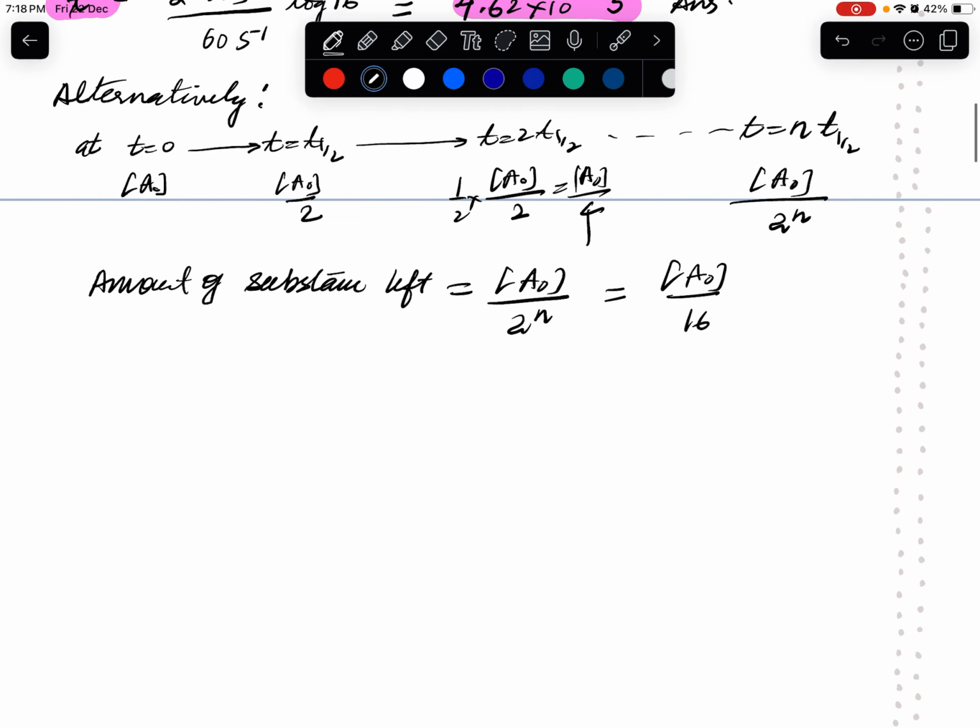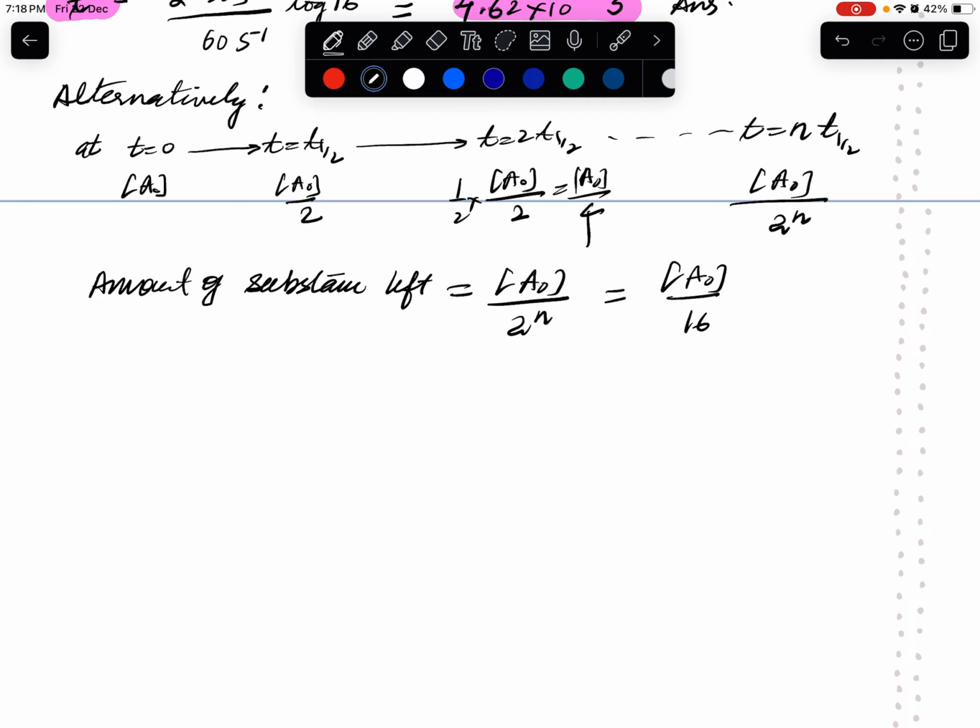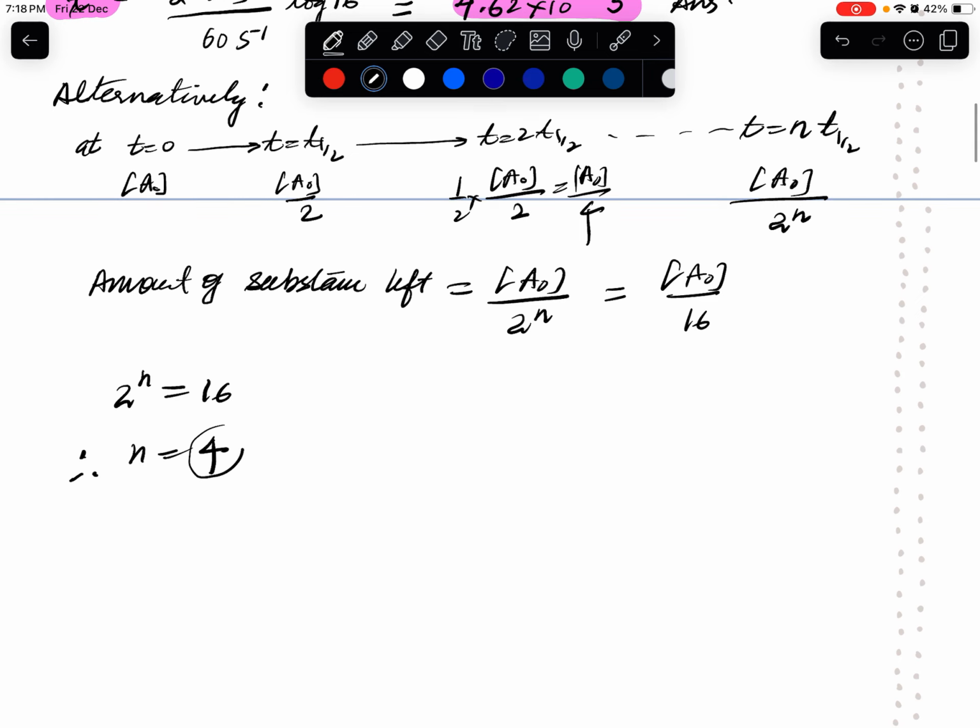Looking at the denominators on the left and right hand side, 2 to the power n is equal to 16, therefore n is equal to 4. So there are 4 half-lives when we want 1/16th of the original amount.